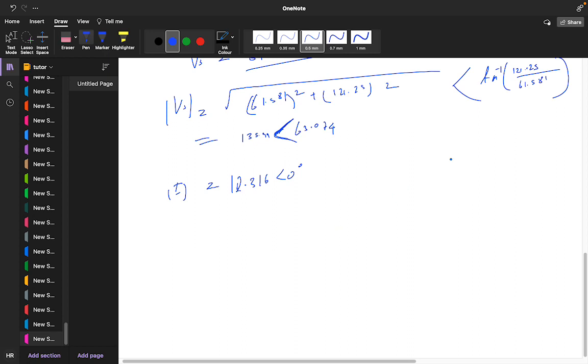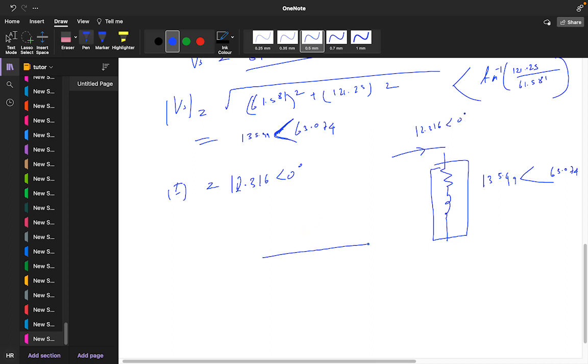So if you draw, you have this particular load. You got the load voltage as 135.99 at an angle 63.074, and you have a current you got as 12.316 at an angle 0 degree.